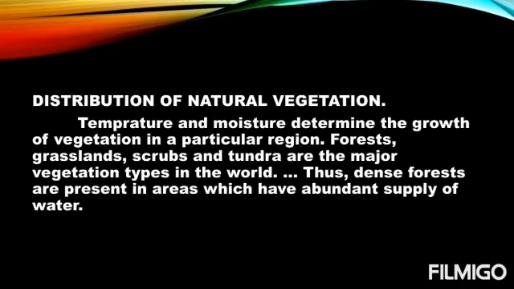Tundra ecosystems are treeless regions found in the Arctic and on the tops of mountains, where the climate is cold and windy and rainfall is scant.